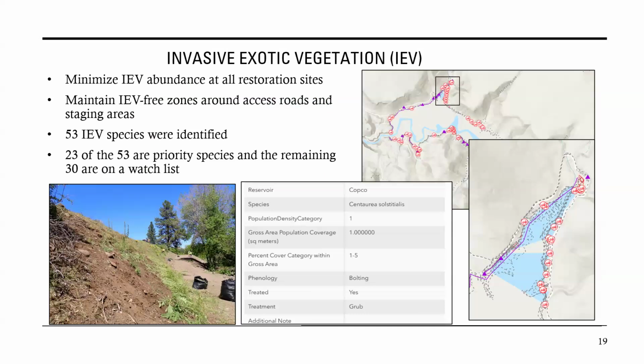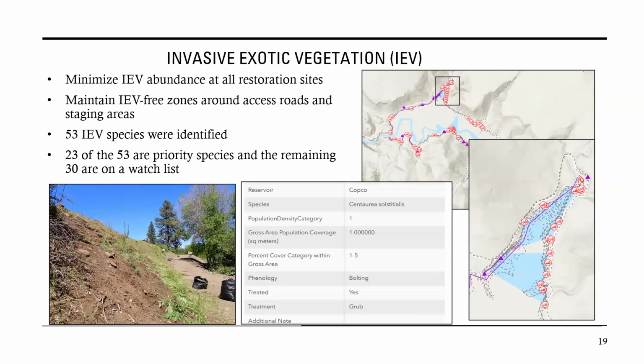The invasive exotic vegetation, the IEV, was to minimize the invasives abundance at all the revegetation sites and to maintain invasive species free zones around roads and staging areas. All the mapping is done by the revegetation crews.